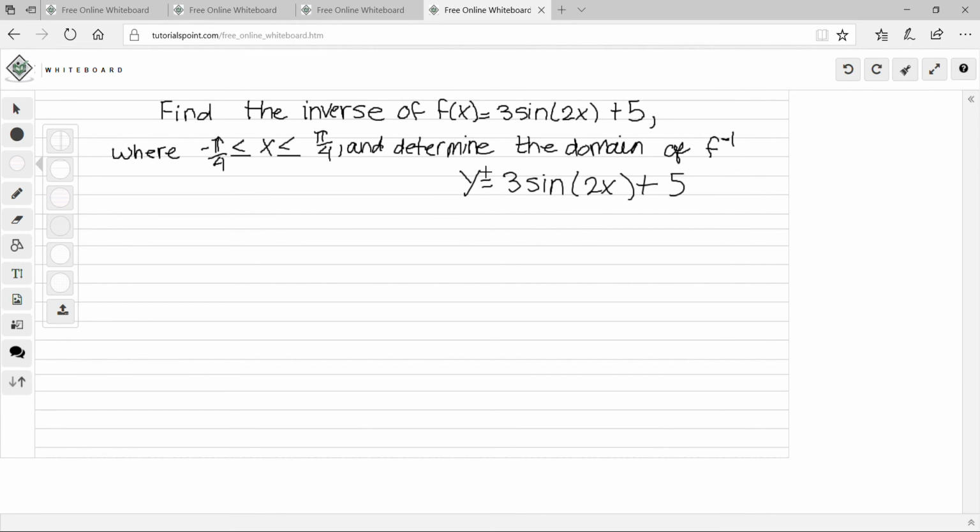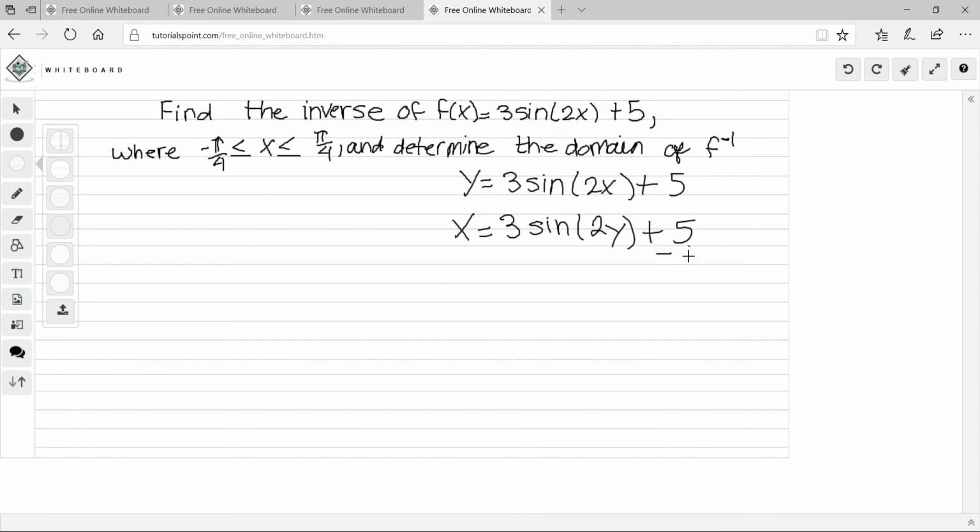So wherever there's a y, you should replace it with an x, and wherever there's an x, you should replace it with a y. So our new problem would be x equals 3 sine of 2y plus 5.